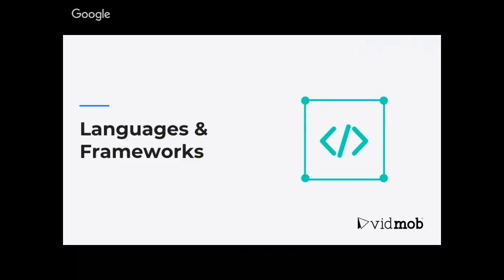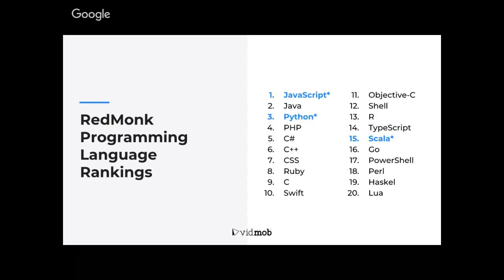Onto languages and frameworks. Recently, RedMonk, an analyst firm that focuses on developer communities, released programming language rankings, looking at GitHub and Stack Overflow data to measure the effective community size and activity. And I've highlighted a few languages here: JavaScript, Python, and Scala.